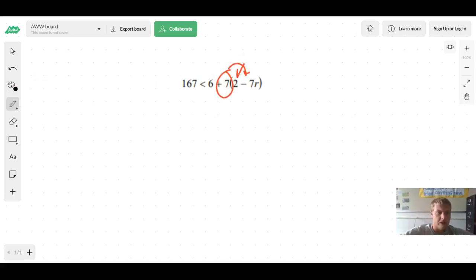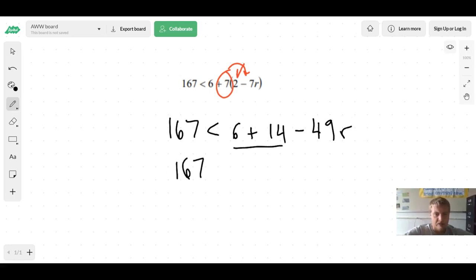So that is going to give us 167, which is less than 6, plus 14 minus 49r. From here, we can add those things together, so we'll get 167, which is less than 20, minus 49r.